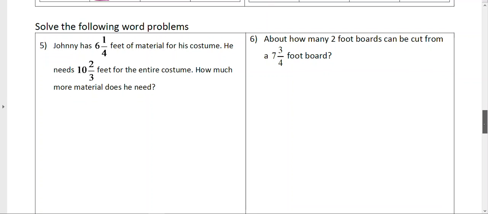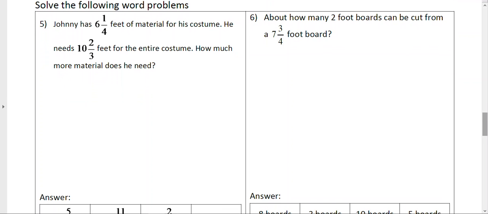The bottom 4 problems is where you actually had to solve. So for number 5, Johnny has 6 1/4 feet of material for a costume and he needs 10 2/3 feet for the entire costume. How much more material does he need? Remember, we're going to circle our numbers. Then I'm going to read the problem again. Johnny has 6 1/4 feet of material for his costume. He needs 10 2/3 feet for the entire costume. That's how much he needs in all.